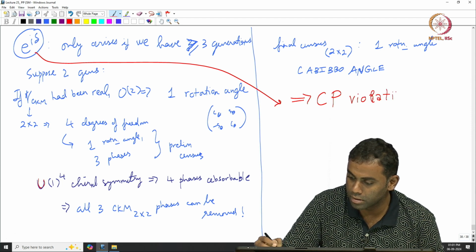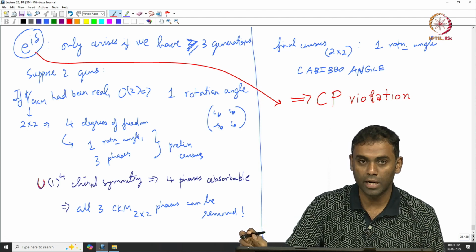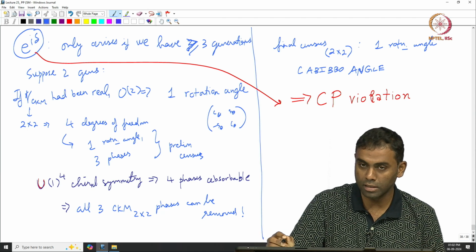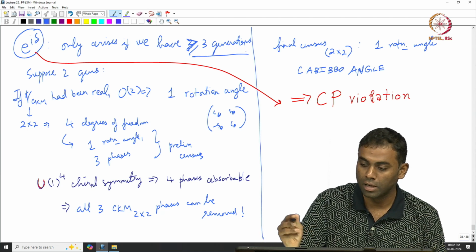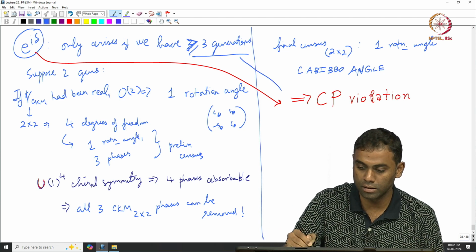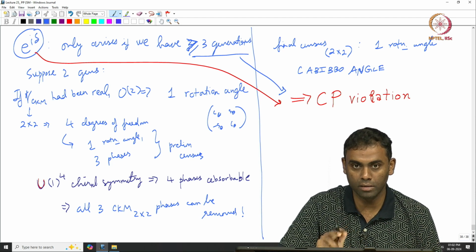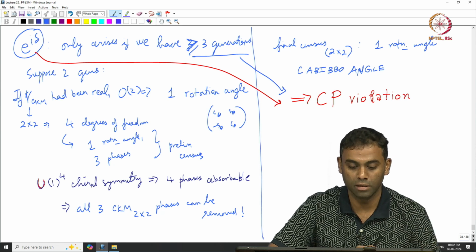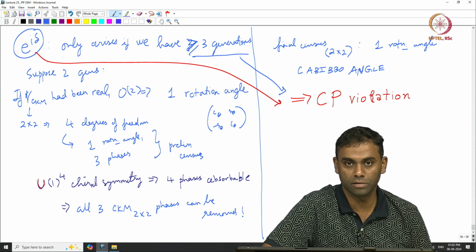Remember this from all those lectures ago. I had claimed, if you remember, in one of those early lectures, that as long as I have greater than or equal to 3 generations, I will have CP violation in the weak sector, right. This is where that comes from, okay, by looking at how you can rephase fields and remove unobservable phases from the CKM matrix.